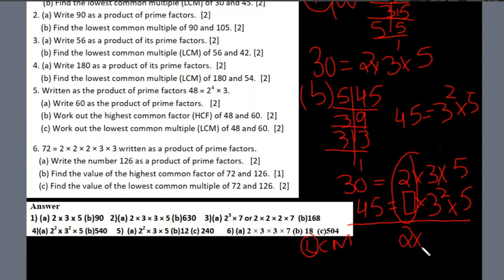Then we have 3, and then 3 square, so the highest of these two numbers is 3 square. And then we have 5 and 5, so the highest of these two numbers is 5. So the answer is 9 times 2 times 5, which is 90. So this is another way of finding LCM using prime factors.